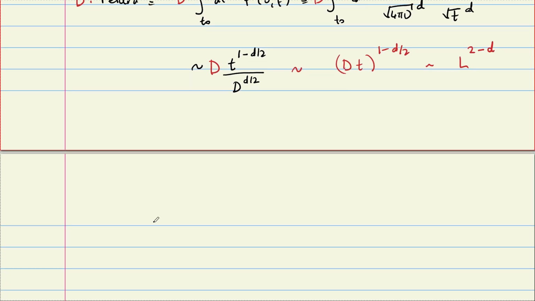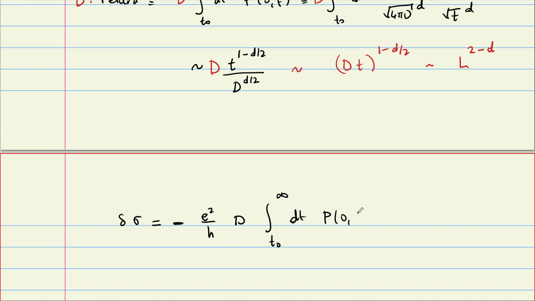Okay. So delta sigma, first it is going to be negative because we know conductivity should decrease. We are localizing the things. And E squared over H is what we started with, and L to the minus 1 is going to be D times some integral from t naught to infinity dt p0 of t.